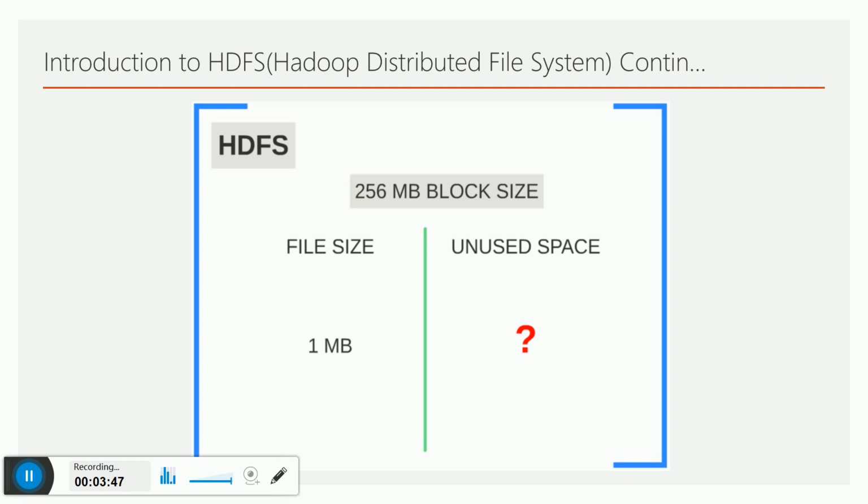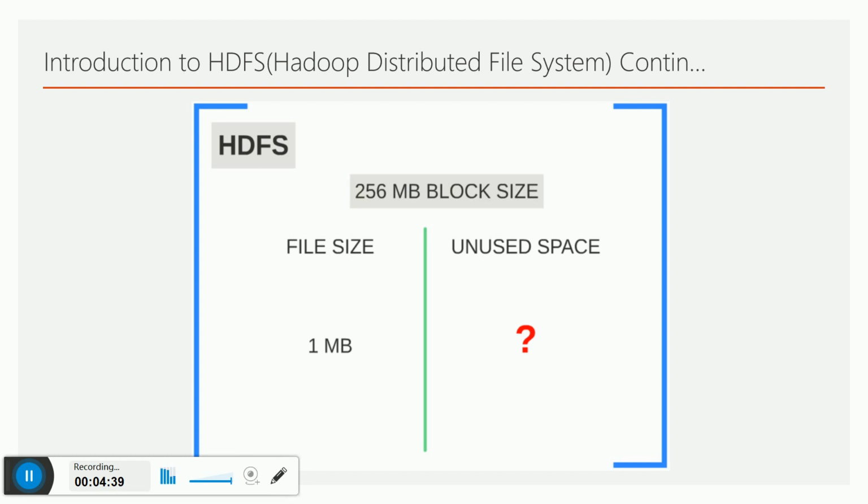The remaining free space will be used by other files also, so it will not be left unused. Internally, HDFS uses the local file system, because, as we saw in the last session, HDFS is another layer on top of your local file system, like ext4 in Linux. It converts your file into HDFS blocks of size 128 MB, and when you store them, all your blocks are stored as local file system blocks, in a continuous manner, next to each other.